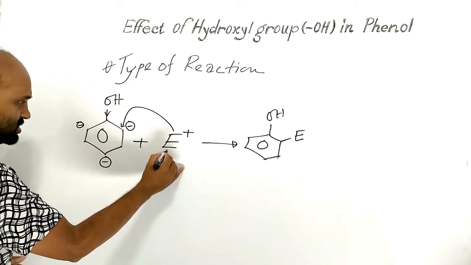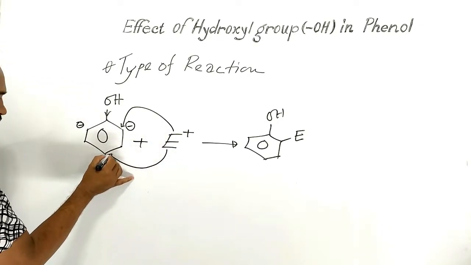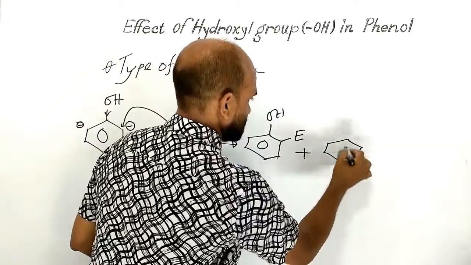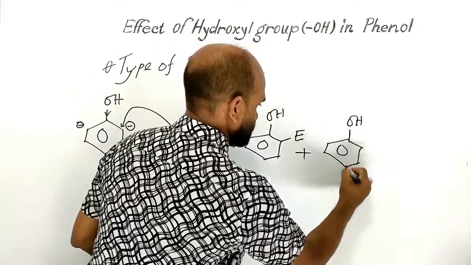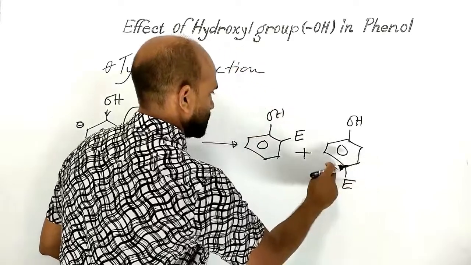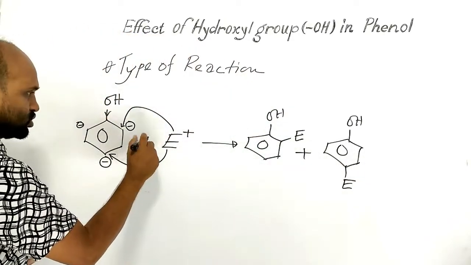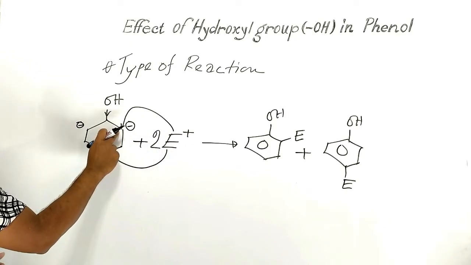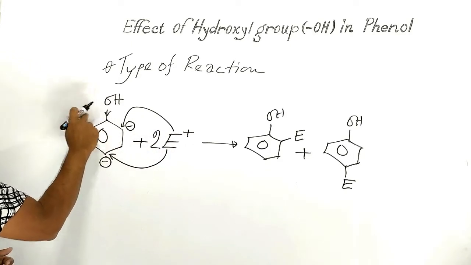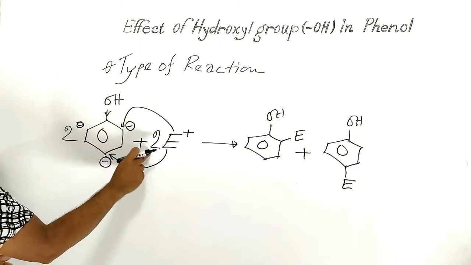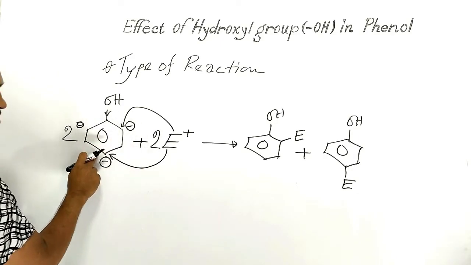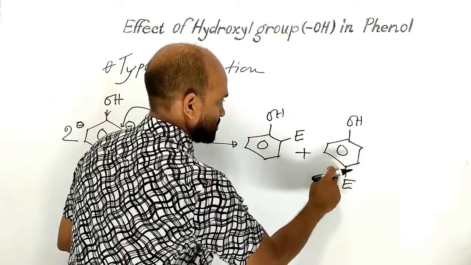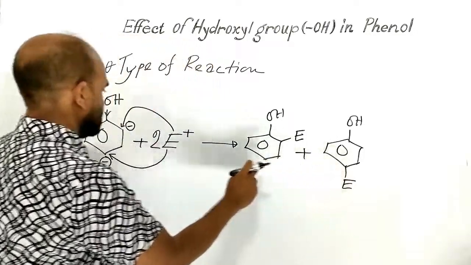Again, it attacks the para position to form para substituted phenol. That is, two electrophiles attack ortho position of one phenol and para position of another phenol to get ortho substituted phenol and para substituted phenol.